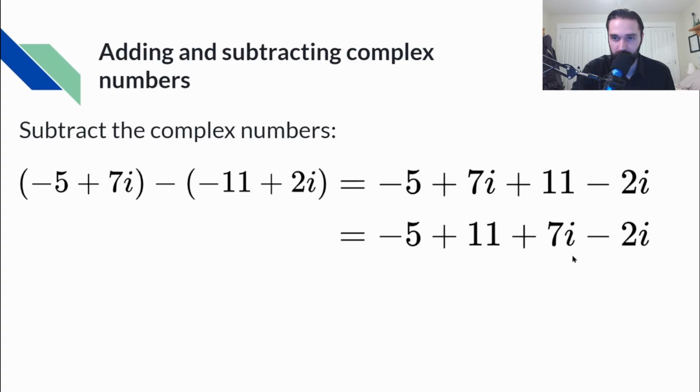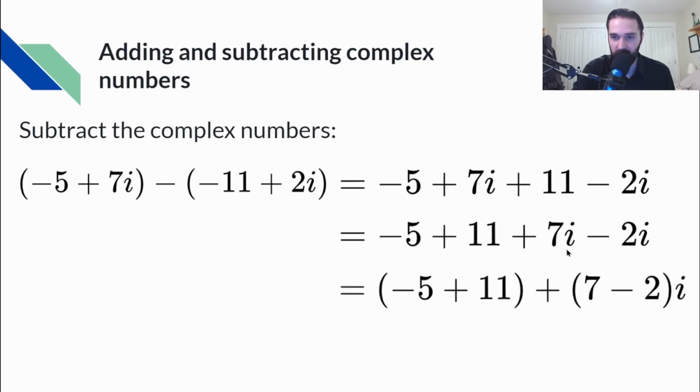Factor out this i on the right again. We have 7 minus 2i. In parentheses over here, negative 5 plus 11, that's 6. And then 7 minus 2, that's 5. So we get 6 plus 5i. And that's our final answer.